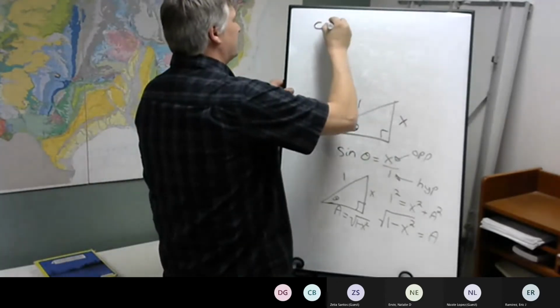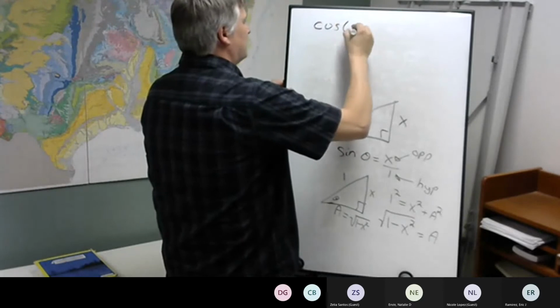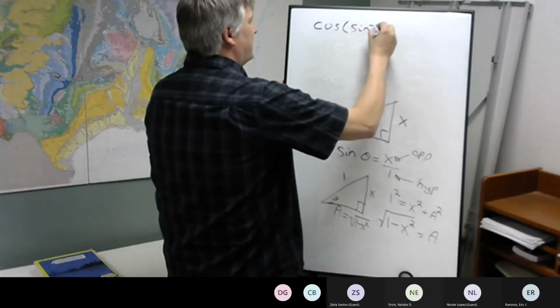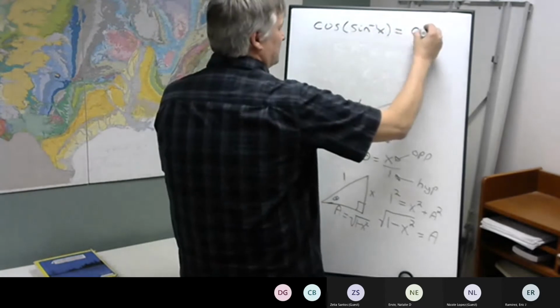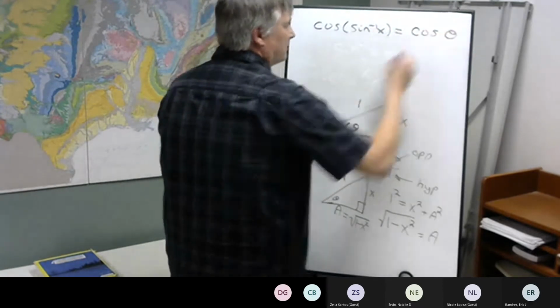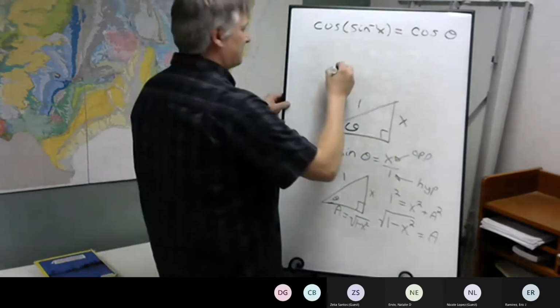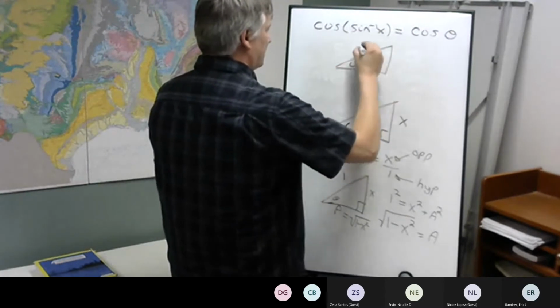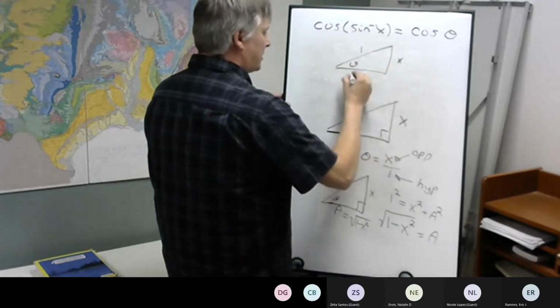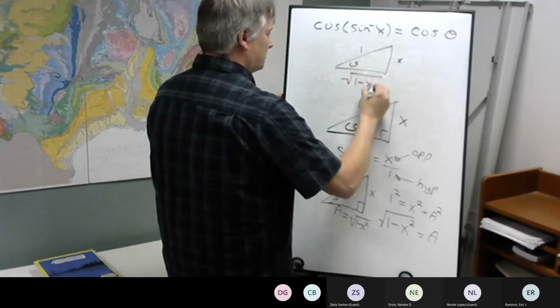The cosine of the sine inverse of x. Remember, this is theta. So this is the cosine of theta. We're still using the same triangle. Nothing's changed.